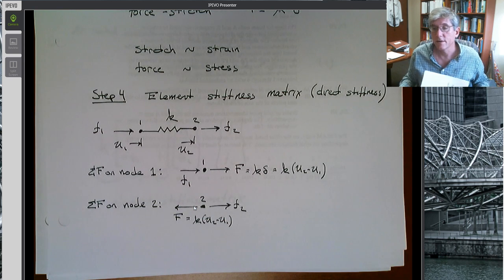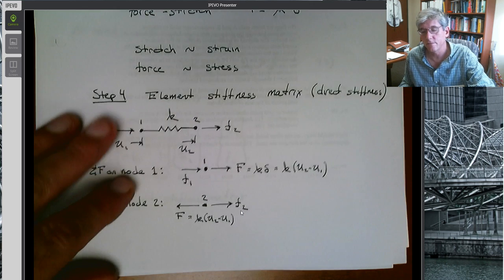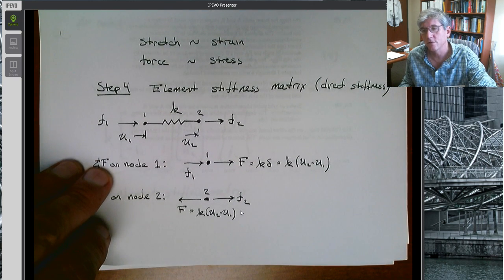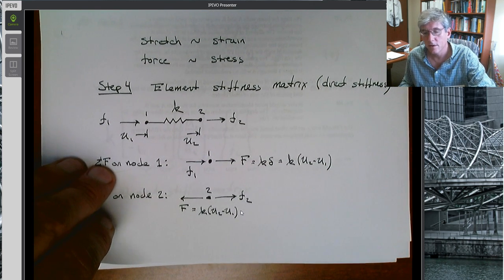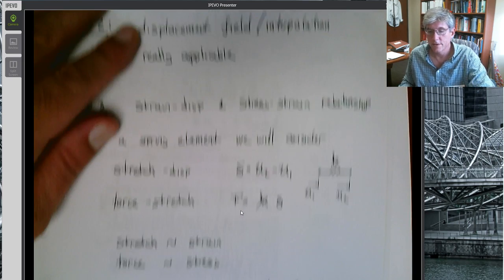And that's what we have there. So this is the free body diagram, if you will, for node 2 and node 1. So, think about that force convention. We'll get questions on that often, I guess, right?